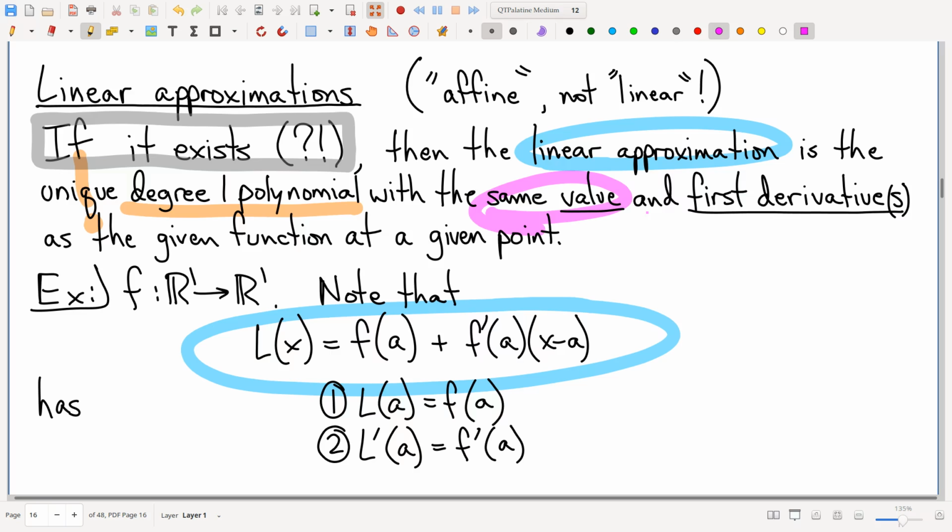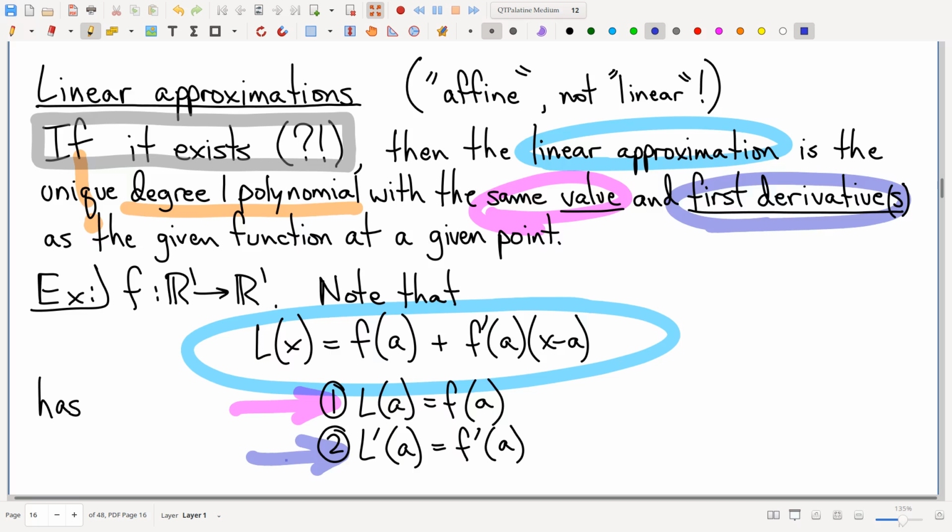It mimics the value of the function at the point A, and it also mimics the derivative of f at the point A. So among degree 1 polynomials, this is the best mimic, in these senses, of the function f.